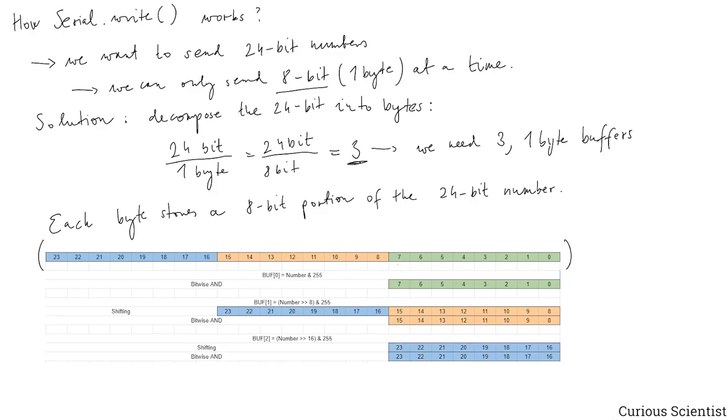So now we have to check how this works. We have buffer 0 here. So this is the first element of our buffer. And we take the whole number. So again, this thing here, and that's the number. And we have to use the bitwise AND operation, this, together with 255.